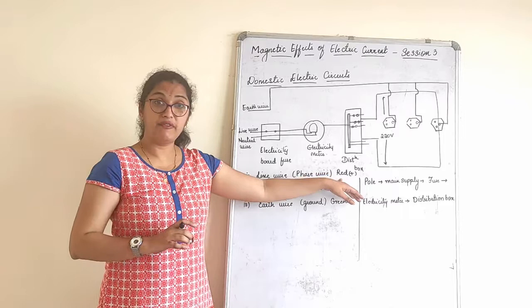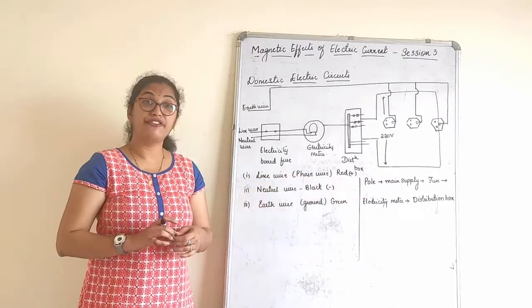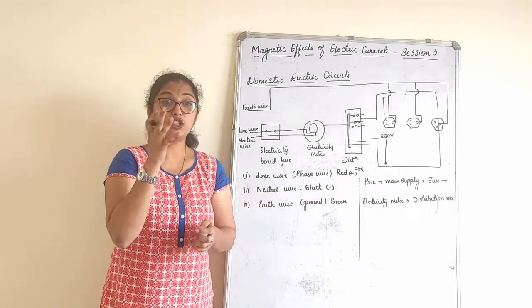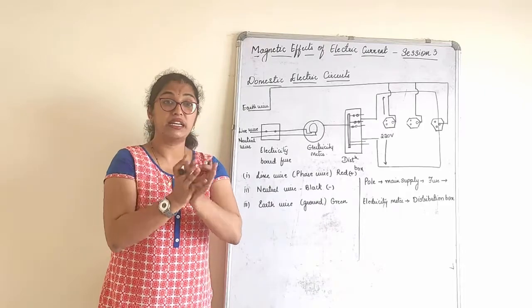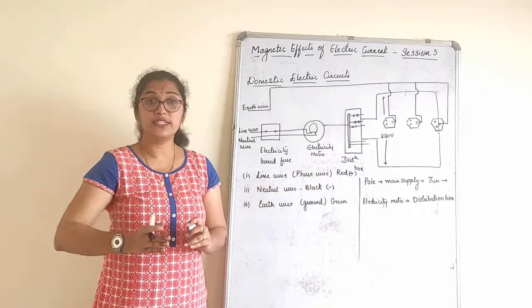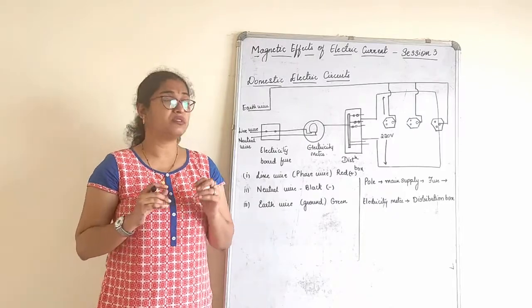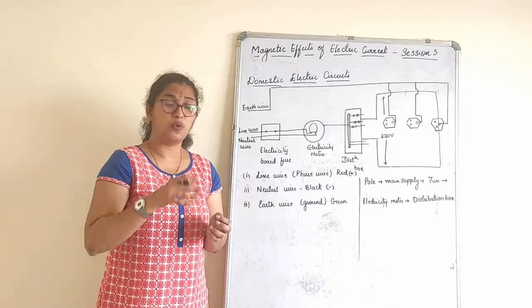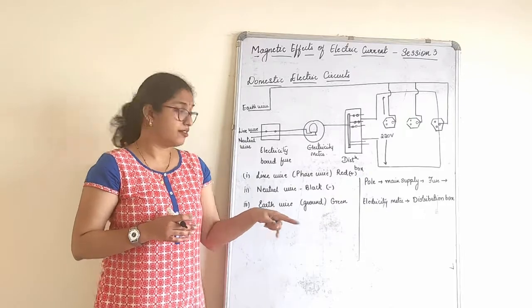Now these colors are given to identify which is the live wire. The live wire is also called the phase wire, because the majority of the current flows through it. That's always red. Tomorrow, when you look at a circuit somewhere at your home, red is always constant, children.